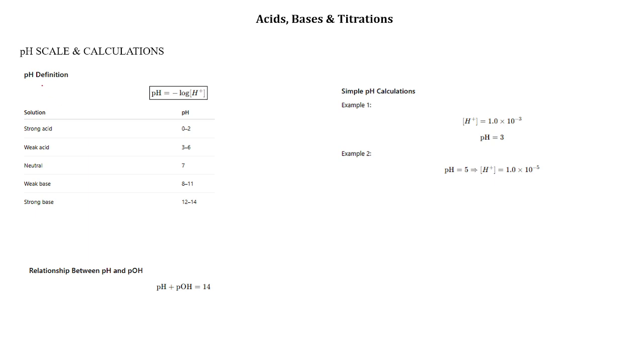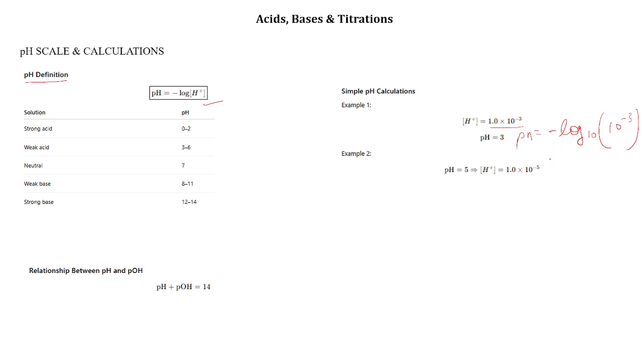What about pH? pH is negative log of H plus concentration. We always write concentration in brackets, and here the log is log 10. Okay, so if I solve this problem, 10 to the minus 3, what would be the pH? Because this is the H plus ion concentration, I have written this.